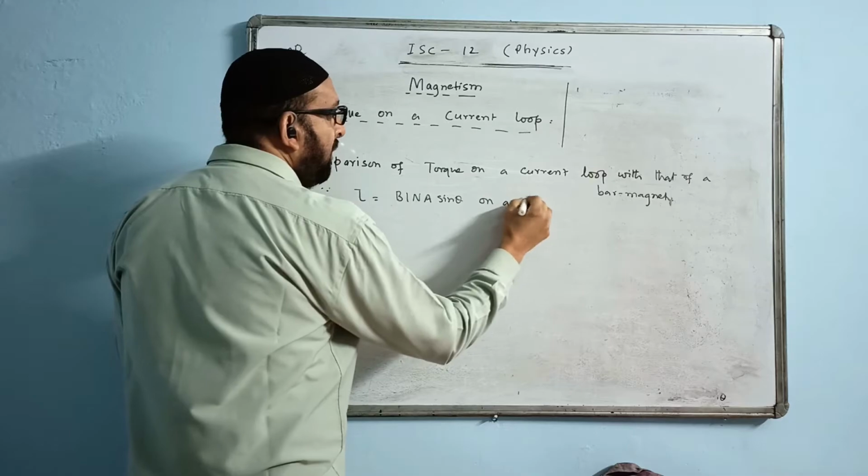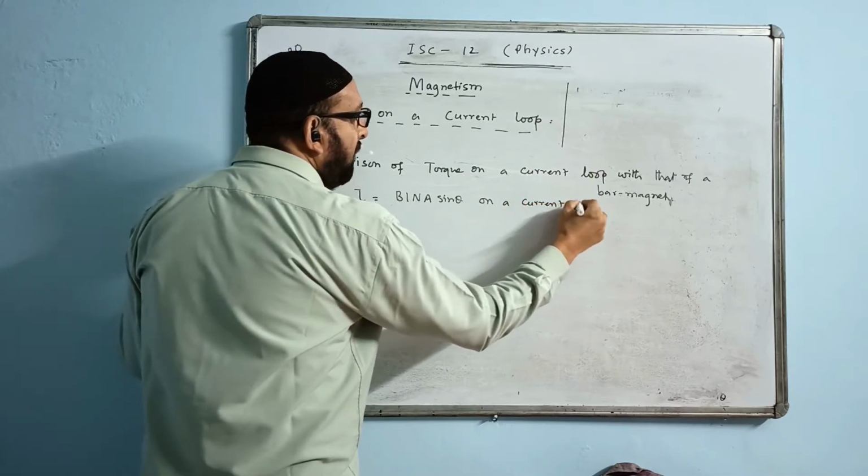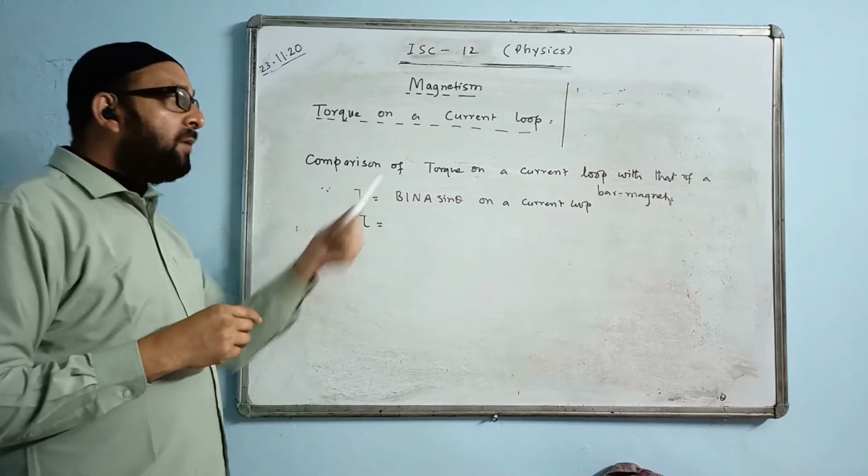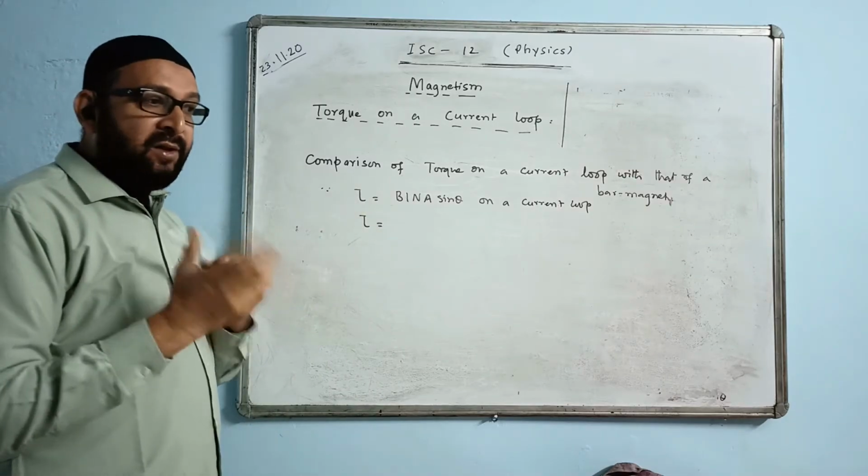On a current loop we write this. Again we write the torque formula on a bar magnet in a magnetic field region.